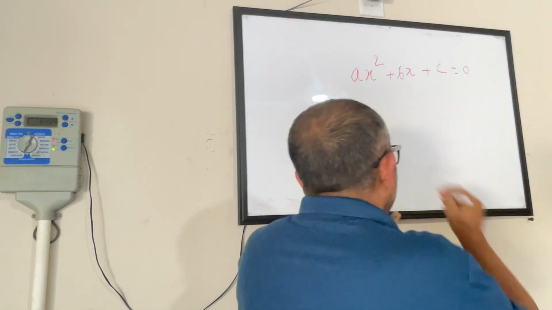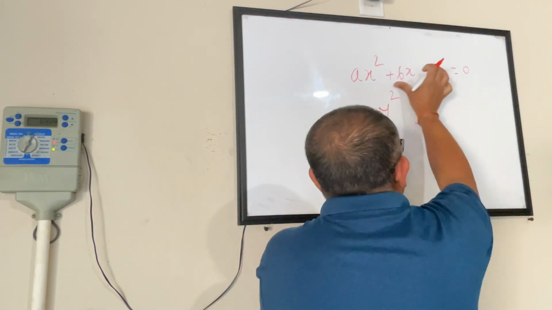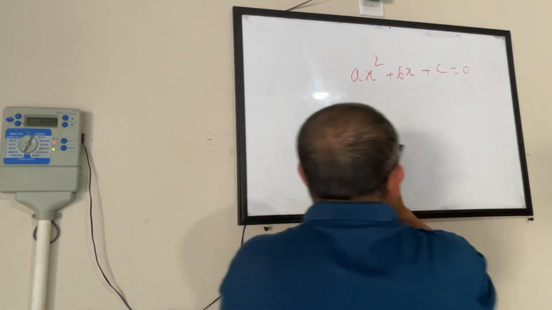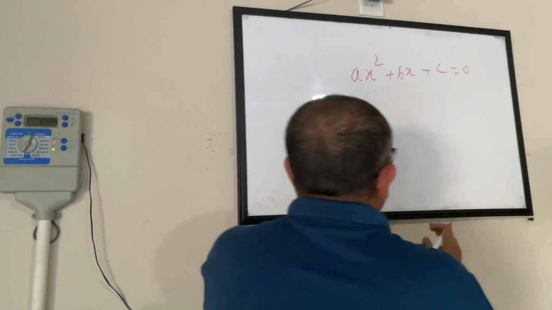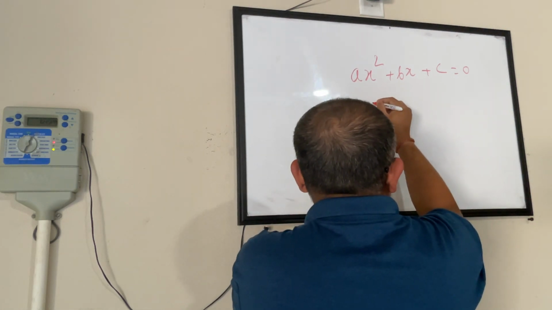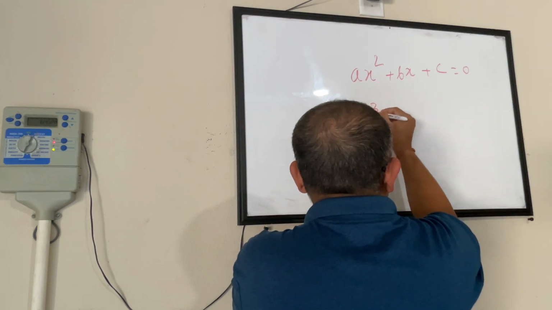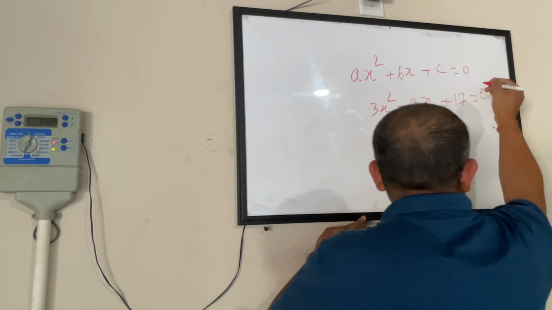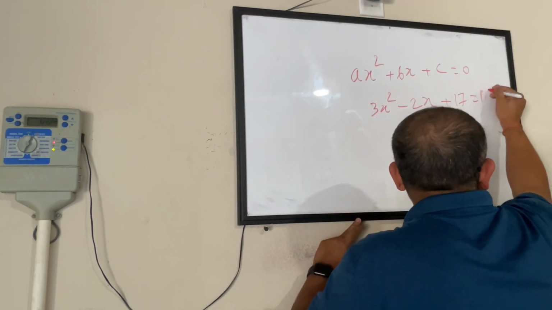Now it can be in the form of, let's say, 3x square minus 2x plus 17 equals 0, or this equals 15, whatever it is.